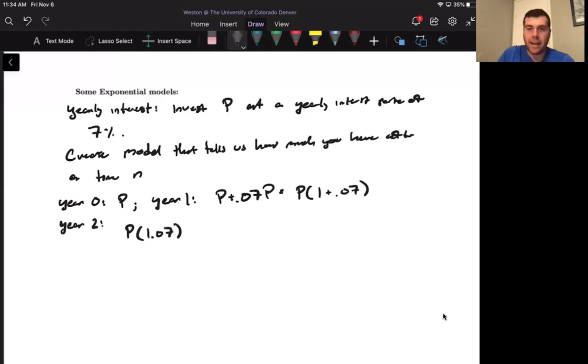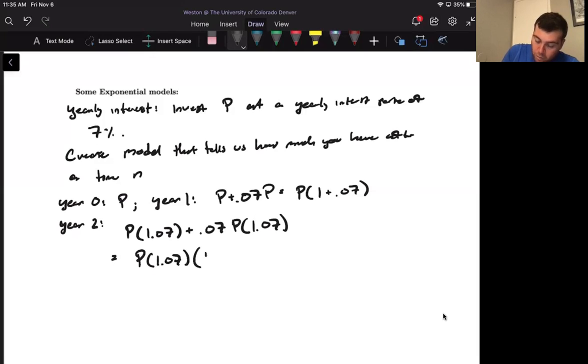So that's the amount that we had at the end of year 1 plus 0.07 times P times 1.07 again. So we have the amount that we had at the end of year 1 plus 0.07 times that amount that we had at the end of year 1. And we factor out P times 1.07, and we're left with 1 plus 0.07, which is P times 1.07 squared.